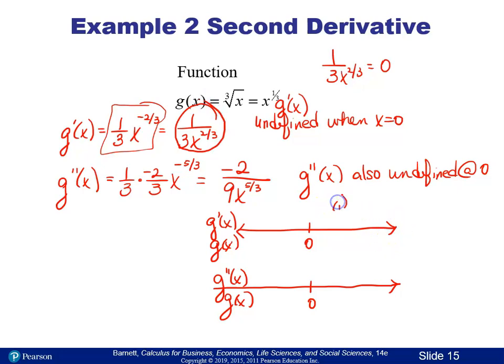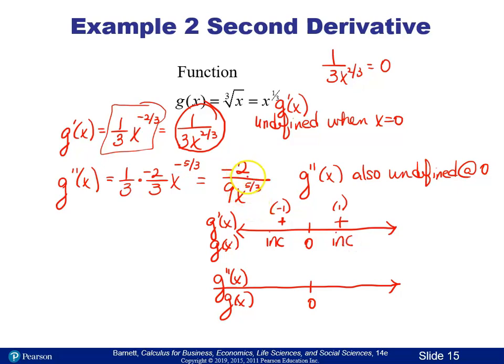If I put like 1 in, that would give me a positive, and you can verify that if you want to. If I put a negative in, that's also going to give me a positive. So let's say I put -1 in, and you can verify that if you need to. It's going to give me a positive. So that means it's going to be increasing and then increasing again.